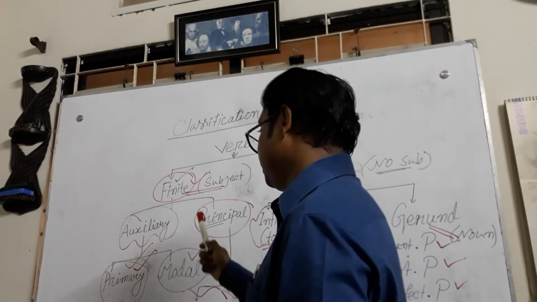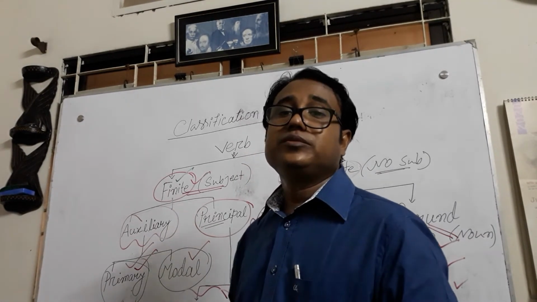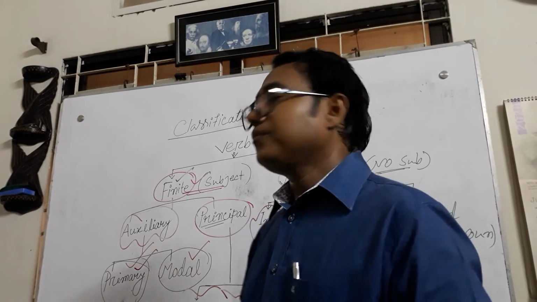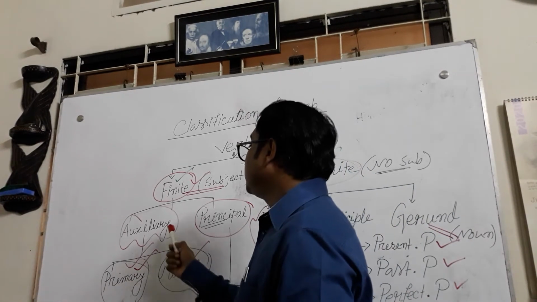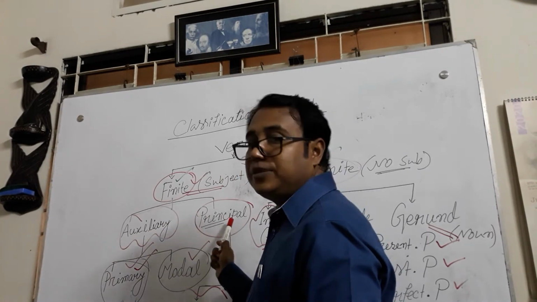Now we will try to understand the classification of finite verb. So have a look. Finite verb is mainly divided into two types. First one is auxiliary and second one is principal.